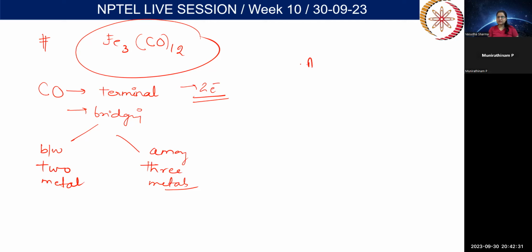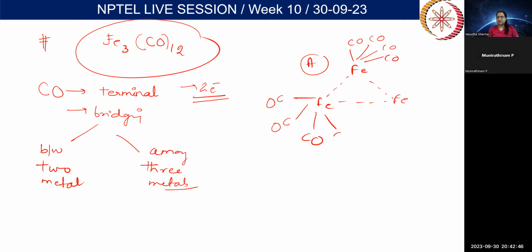So the first case that we have is iron, in a triangular shape. In the first case, all the carbonyls are bound as terminal ones. So we have 12 carbonyls, so 4 will be given to all three of them.